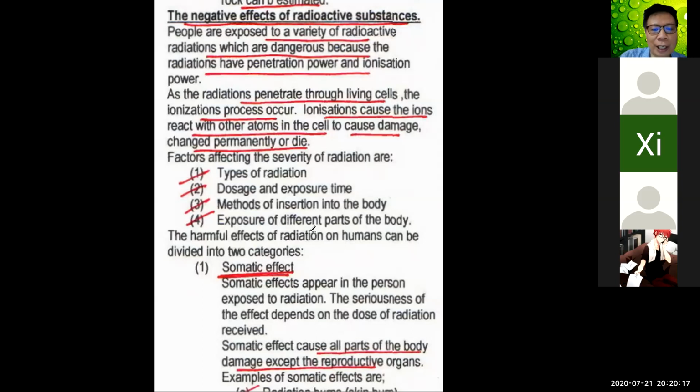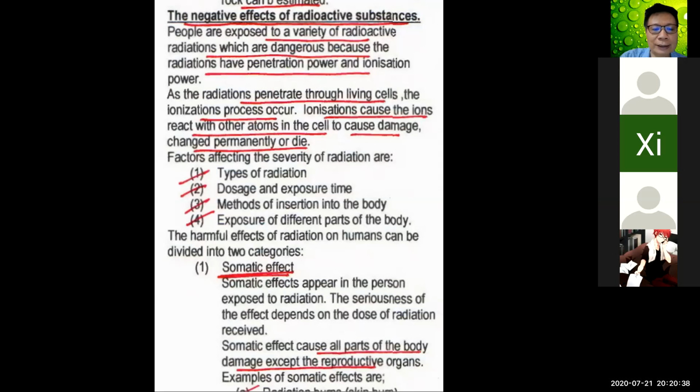Harmful effect of radiation can be divided into two categories. One is somatic. Somatic effect is almost the whole body. Now you highlight the meaning of somatic effect. Somatic effect appears in a person exposed to radiation.